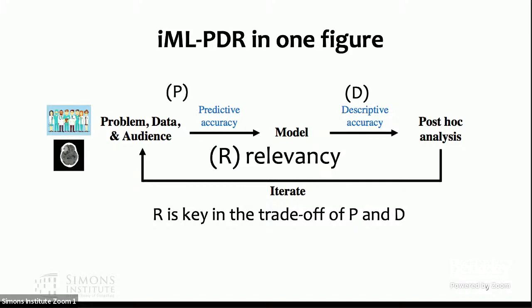framework we call PDR. And the important thing we try to bring out is relevance. For interpretation, you need to have a defined audience and also a problem. So even if it's the same audience, depending on the problem, you might want to come up with a different interpretation. You want to use predictive accuracy to really check reality, and you also have descriptive accuracy to communicate.